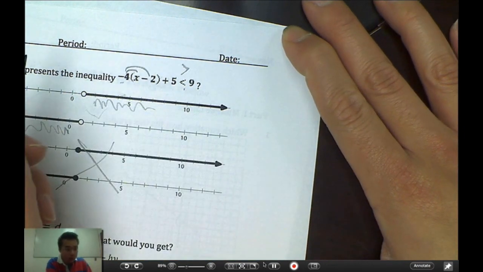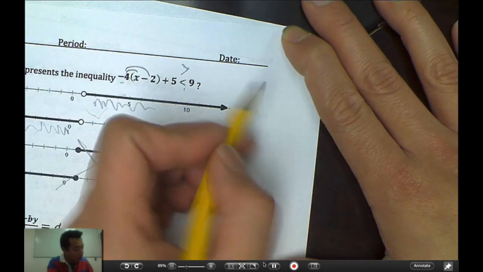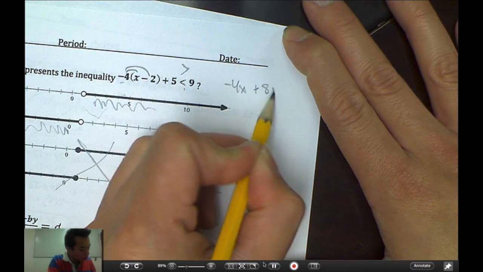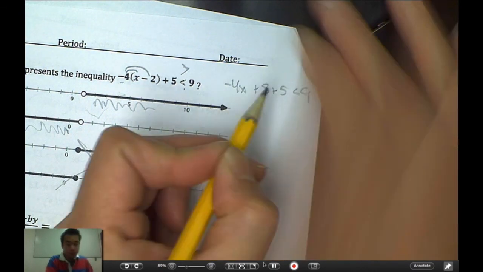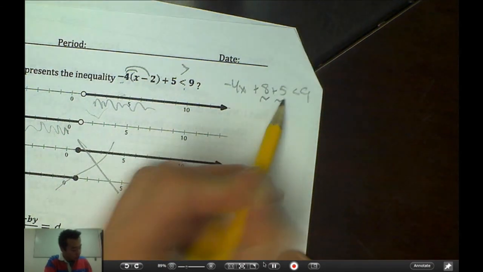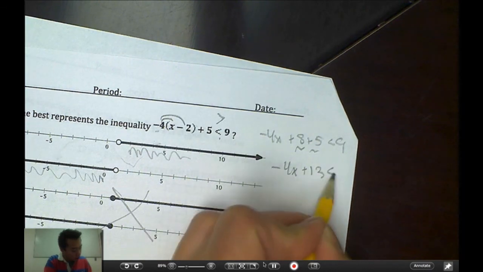You don't have to. You can divide the whole thing by negative 4, but I don't really want to deal with negative 9/4 right now. So I get negative 4x plus 8 plus 5 is less than 9. Combine like terms there, and I get negative 4x plus 13 is less than 9.